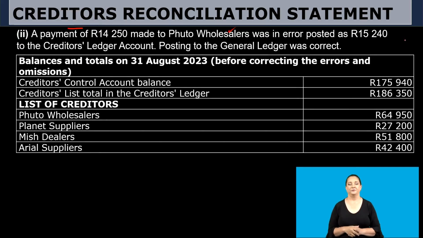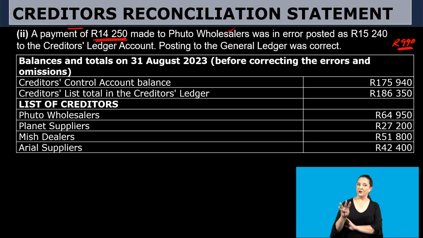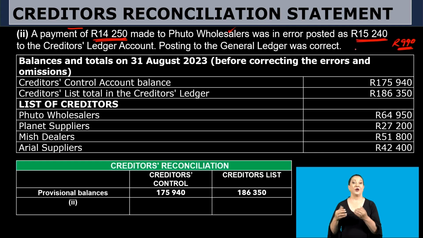That means we subtracted 990 rands more. Because remember, a payment is a minus. We were supposed to say minus 14,250, but we went and said minus 15,240. To correct that, where do we go?